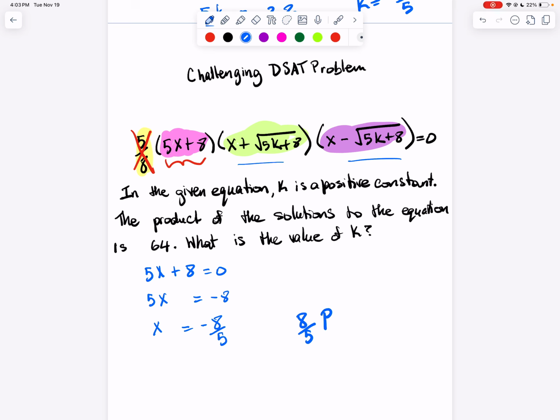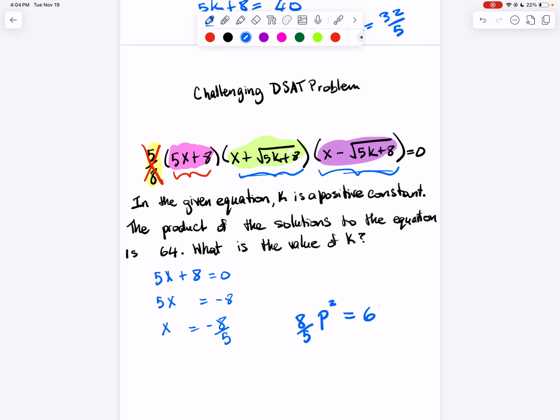I'm just going to name that value P to keep it straight. So here we have 8 over 5 P times P, so I'm just going to say P squared. P, again, is the solution that comes out of each of those parentheses. One is negative, but again, ignoring that negative. When we multiply all 3 solutions, so the 8 over 5, the P and the P, or if you want to be exact, the negative 8 over 5, the P and the negative P, our answer is 64.